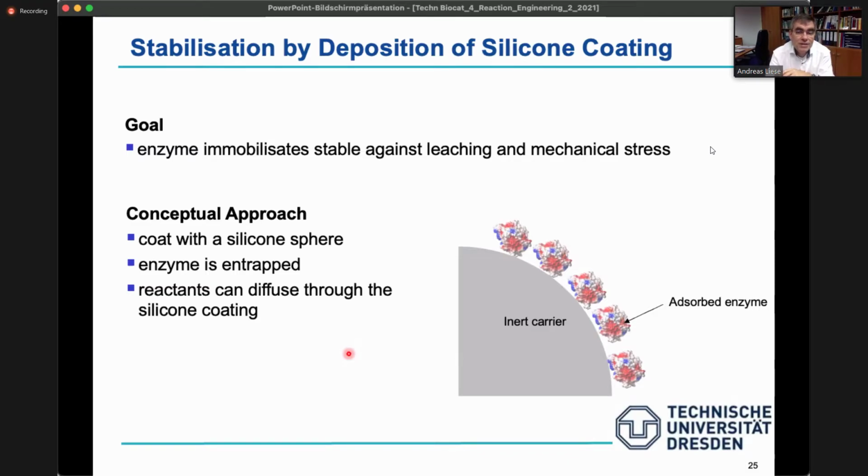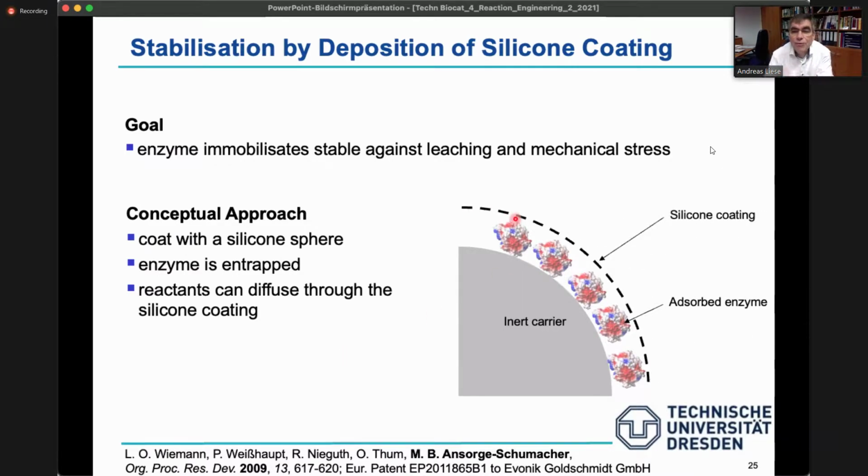So the goal must be to stabilize this, and there's a technique developed by Marion Ansorge-Schumacher from the Technical University Dresden, where she uses in the end a coating, a silicon coating. So silicon as a soft material, where the adsorbed proteins on the surface of the carrier get a silicon net thrown over.